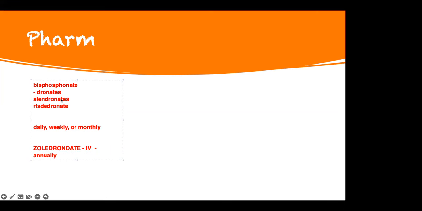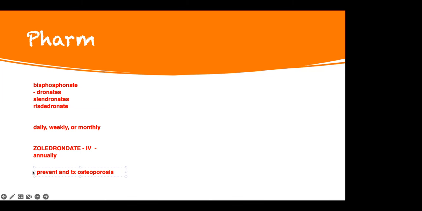Therefore, if they cannot take these two, they have to take this annually. And what is the function? To prevent and treat osteoporosis, or bone mineralization issue.